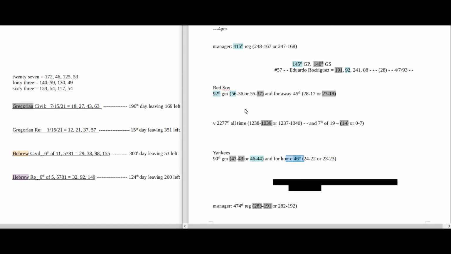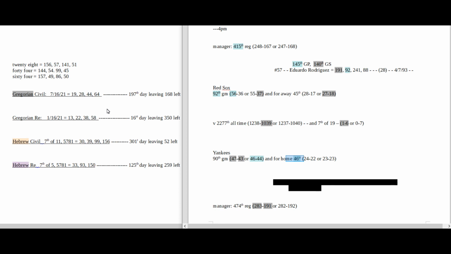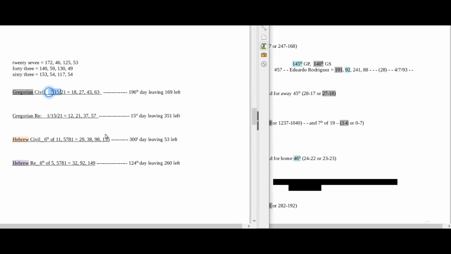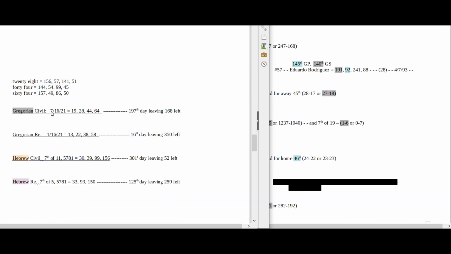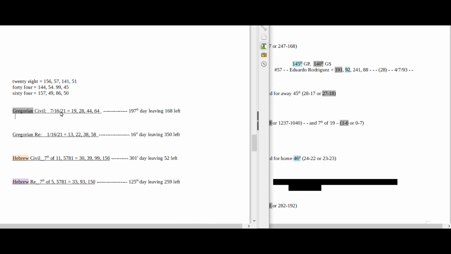What else do we have? If we look to tomorrow's numbers, today would be the 15th of July. Tomorrow's going to be the 16th of July, 16/7. The Red Sox manager is sitting on 167 regular season losses. And tomorrow, or the next game, would be on the 16th of July, but it'd also be a day leaving 168 left.